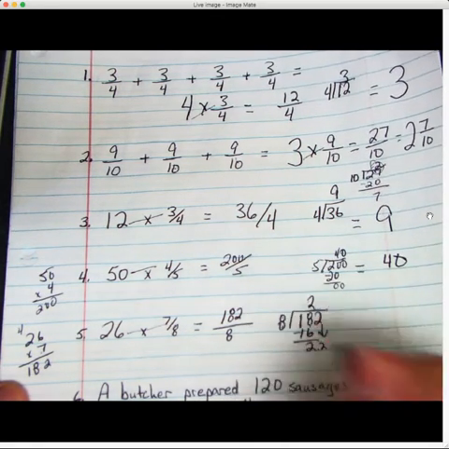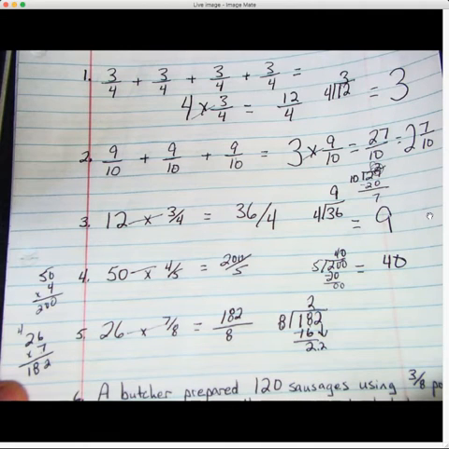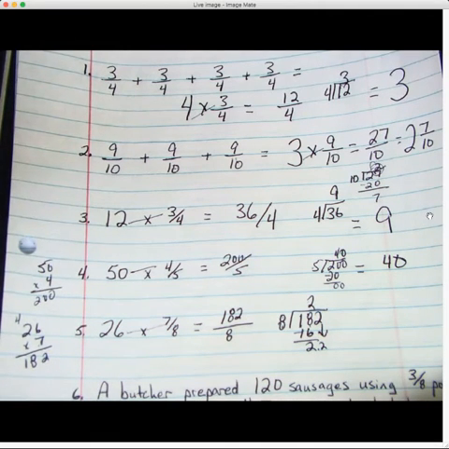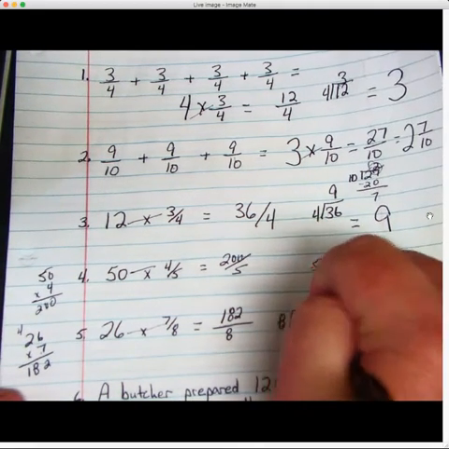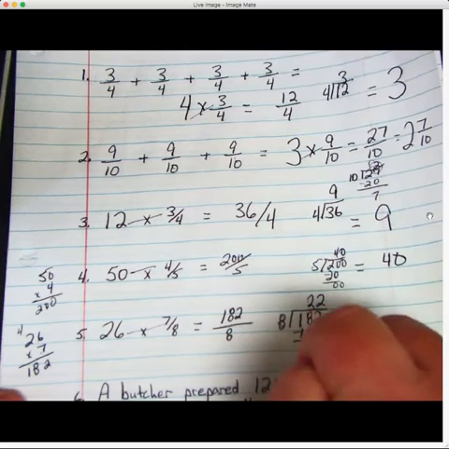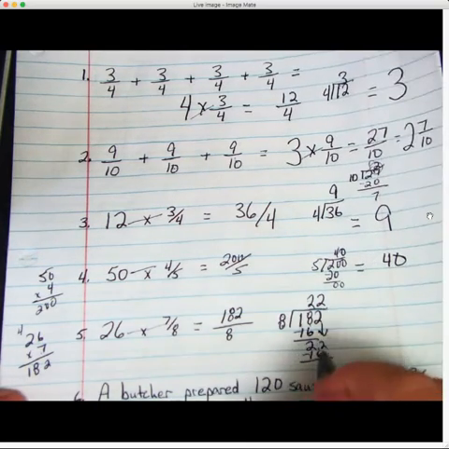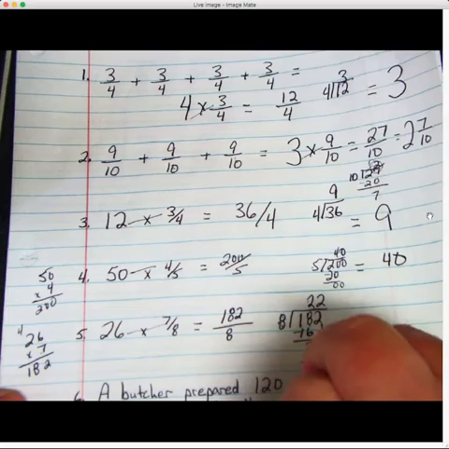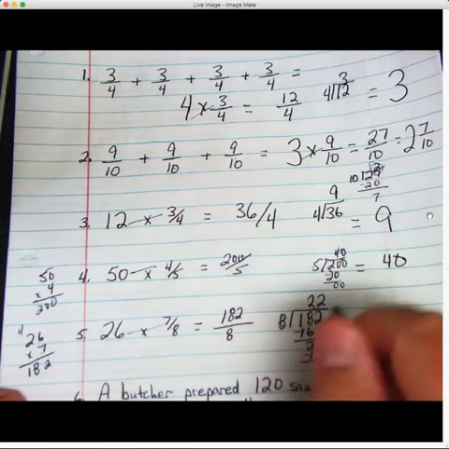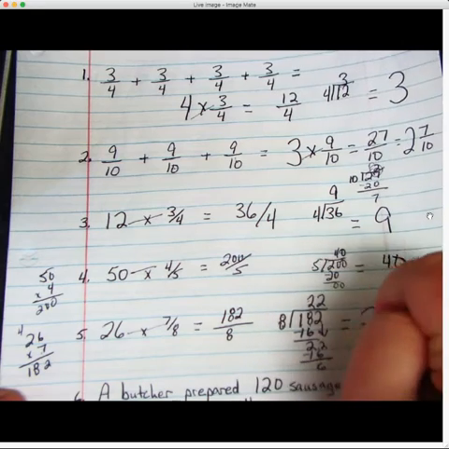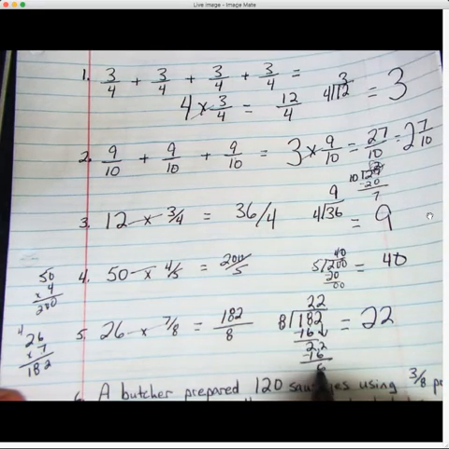Now how many times will 8 go into 22? Let's see. 2 times 8 is 16. I don't know if that's enough. 3 times 8 is 24. That's too much, so it has to be 2 times 8 is 16. 22 minus 16 is 6. So 22, remainder 6. So our answer is a big old 22 and 6/8.